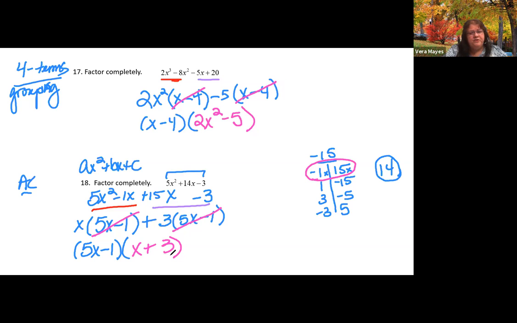Now, if some of you have been using a box, let's see if I can create the box. Same table. You put your first term in the top box, your last term in the last box, and then you take what you got from the table, -1x and a positive 15x.